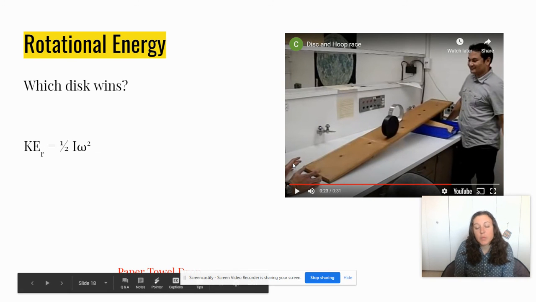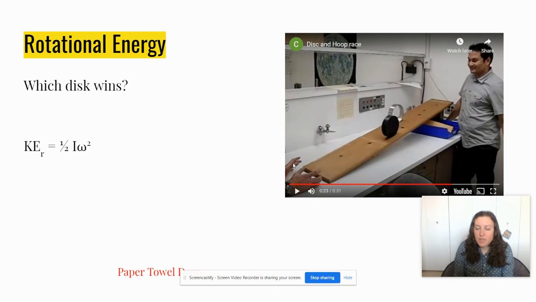Its moment of inertia is 1/2 m r squared. The other one is m r squared. If you have a lower moment of inertia, it's easier to rotate, meaning your linear velocity gets faster. Another way to put this: they both have the same potential energy at the top. The black disk takes less energy to rotate, so it has more energy to move forward, versus the silver disk, which takes more energy to start rotating and therefore has less linear kinetic energy.